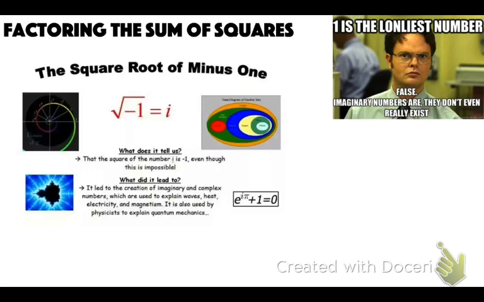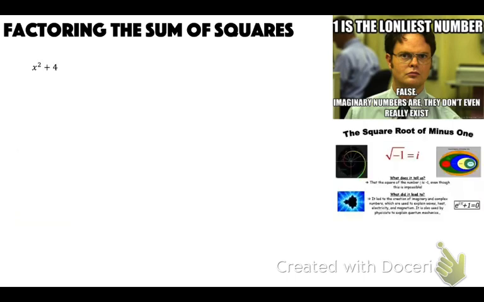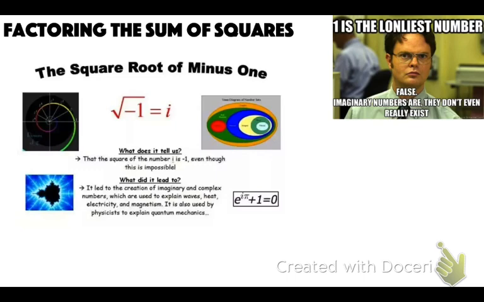Okay, first of all, I get people all the time asking, why do we even learn imaginary numbers that are imaginary? Well, they're not actually imaginary. They're used in a lot of concepts, and I didn't list all the concepts they're used for. But imaginary numbers, it's really the square root of -1.